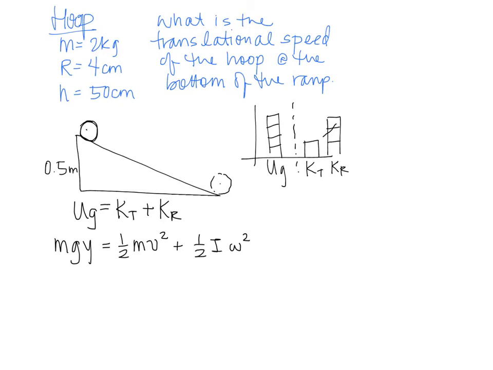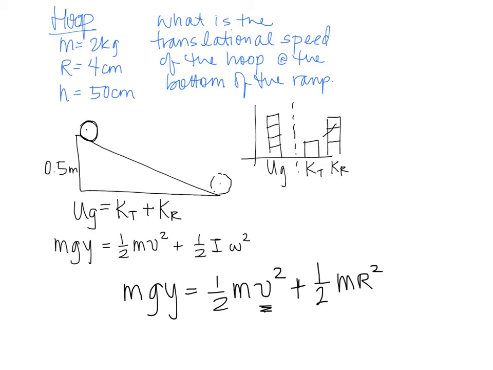And so that means we're going to have mgy is equal to 1/2 mv squared, and I'm looking for this velocity right here, plus 1/2 the moment of inertia. The moment of inertia of a hoop is mr squared.